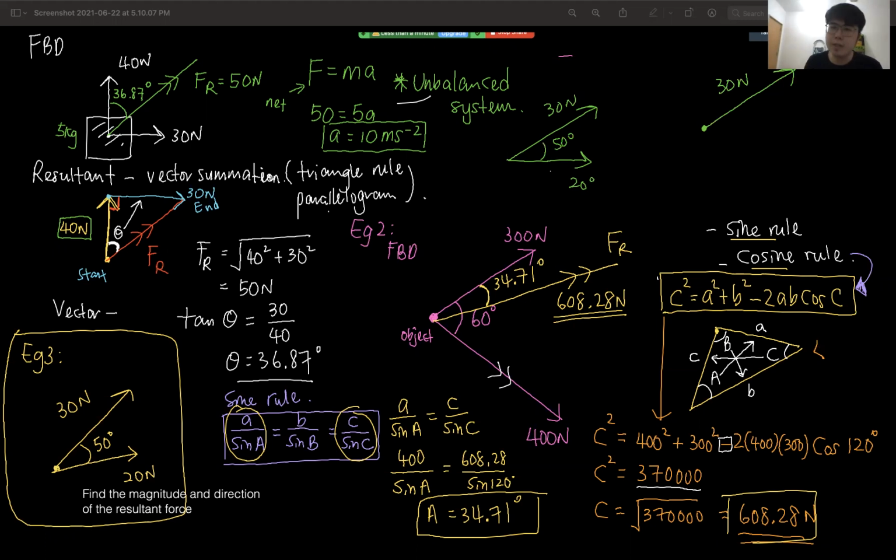Now if I join the 20 here, what is the angle between them? If I want to join the 20, what is the angle between them? Look at your original diagram: for the 20, you draw one more line that is parallel to the 20. Okay, at the other side here, you draw one line that is parallel to the 20. What is the angle here? This is 50.